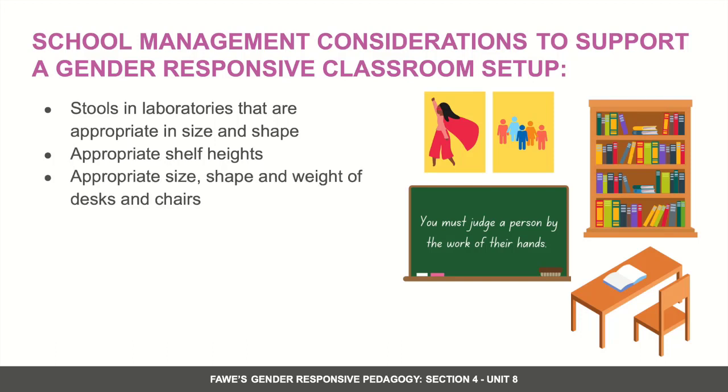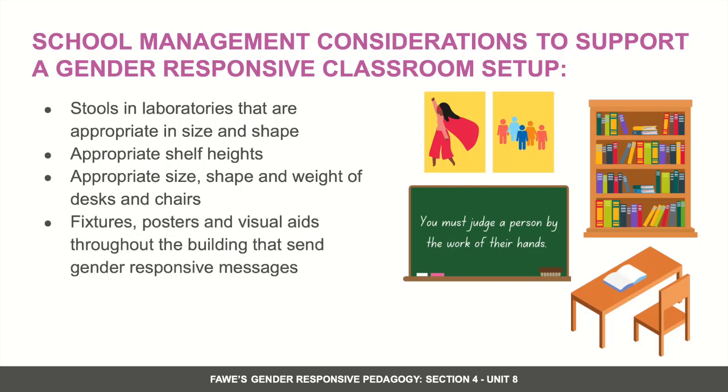Appropriate size, shape, and weight of desks and chairs to allow flexibility for movement and accessibility for all students. Fixtures, posters, and visual aids throughout the building that send gender responsive messages.